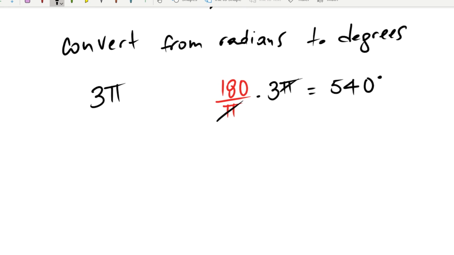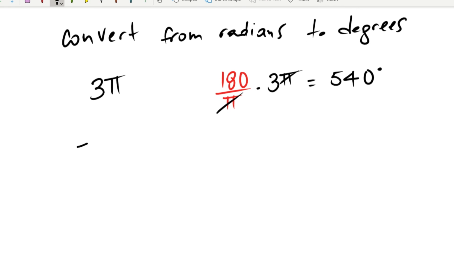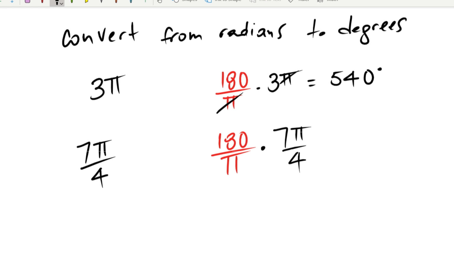Let's try another one. Let's say you are given 7 pi divided by 4 to convert into degrees. So it's going to be 180 divided by pi, multiplied by 7 pi over 4. Pi cancels.